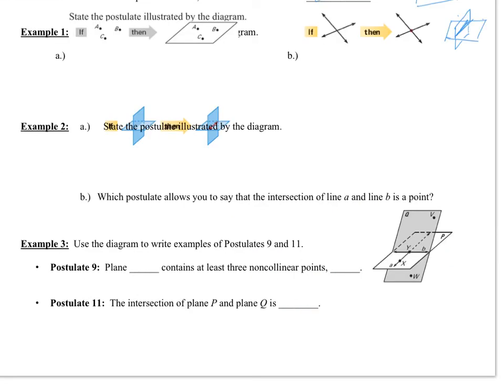Example 1. State the postulate illustrated by the diagram. If we have 3 points, A, B, and C, then this plane here contains 3 non-collinear points, and that would be postulate 9. If you have 2 lines intersecting, then they will intersect at a point. That would be postulate 7.